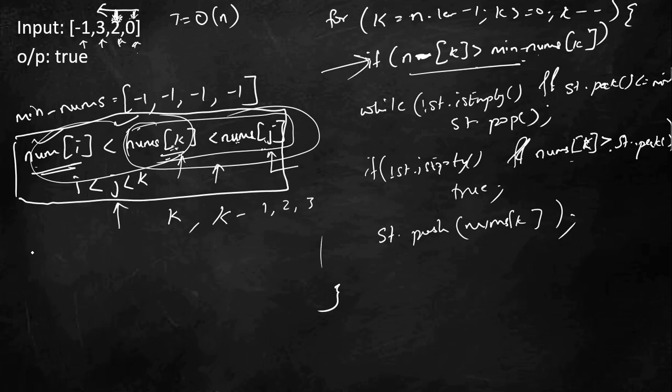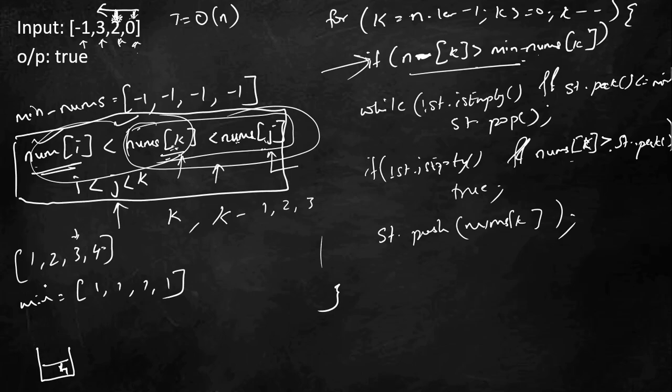So let us say the input is 1 2 3 4. The min array will be 1, 1, 1, 1, because 1 is the minimum value. When I am going through this for loop, initially my stack will be something like this. Initially 4 will be added into the stack, then my pointer will be here.